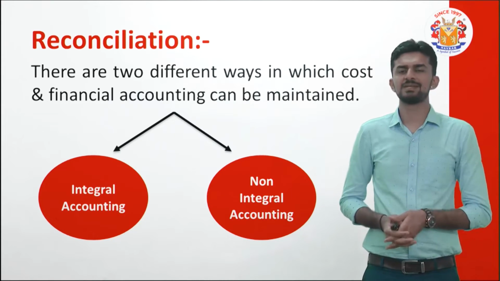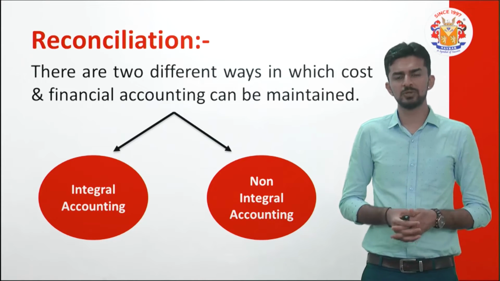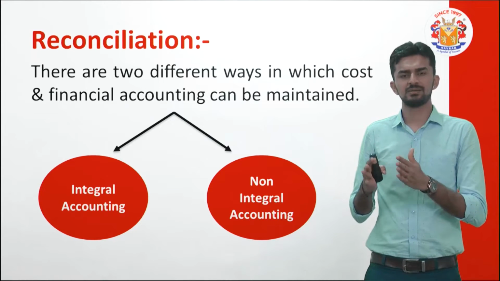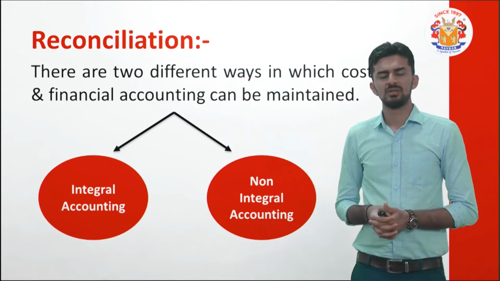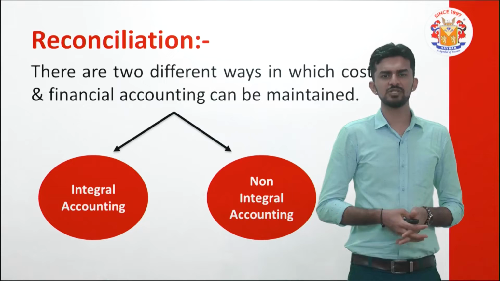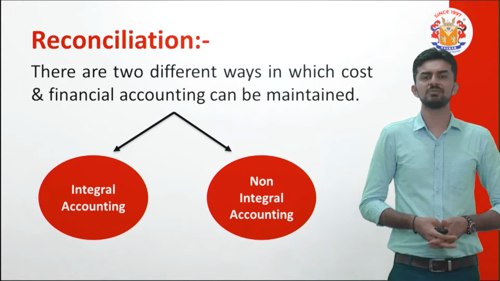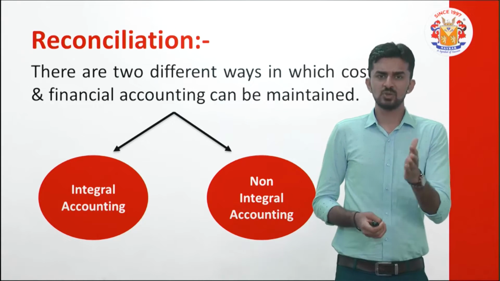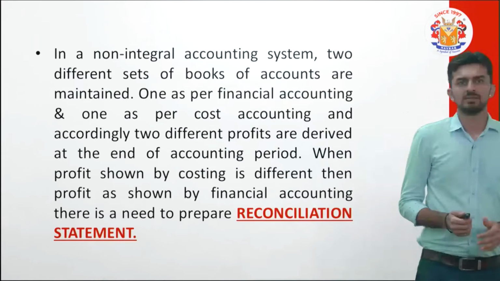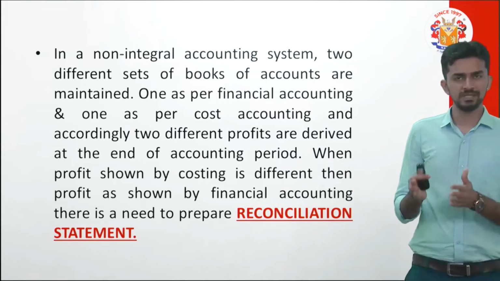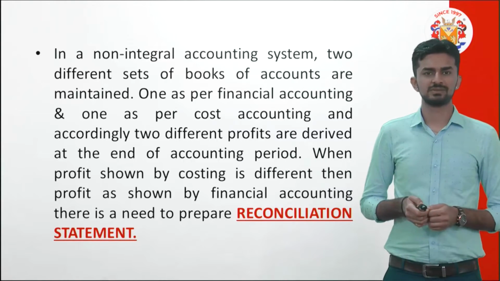The question arises, we need to answer a big question, why is there a difference between these two? What are the reasons because of which profit in the financial and cost accounting systems differs? Let's go into the reasons, and the reasons can be broadly categorized into 4 parts. These slides talk about what I explained. Let's go to the next one, reasons for difference.